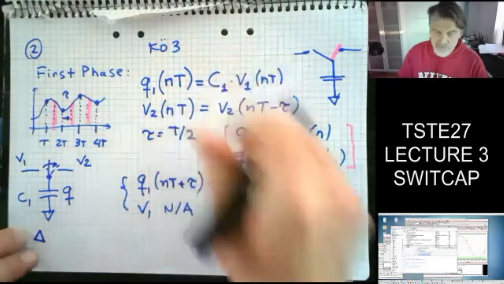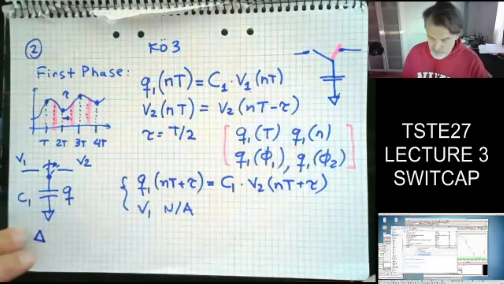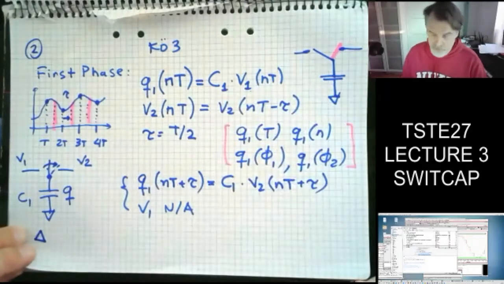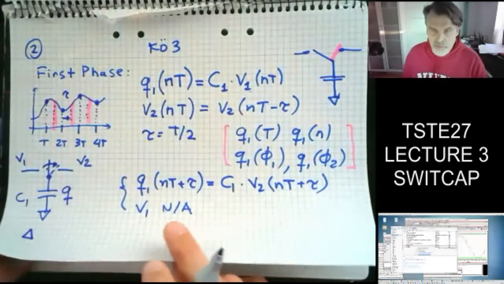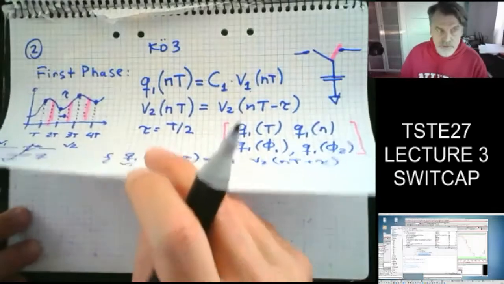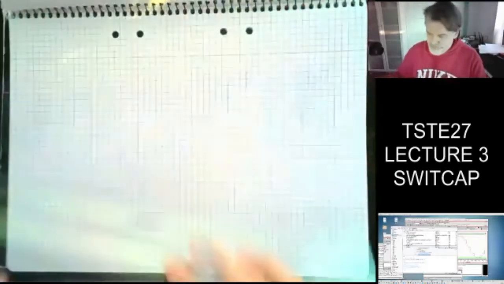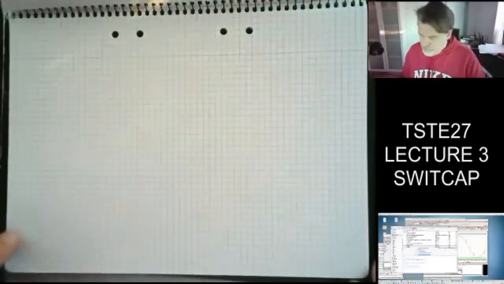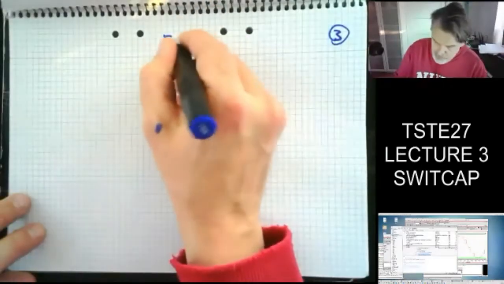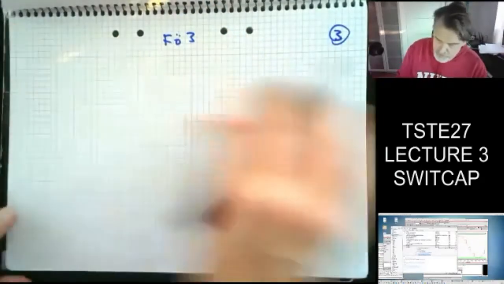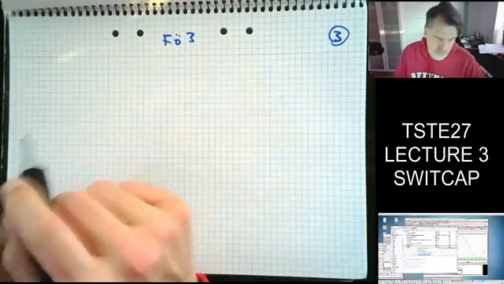So there is some sort of interlink between the charge and the voltages here. The C1 obviously doesn't change, but the position of the switch changes and the network potentially changes during those two phases.